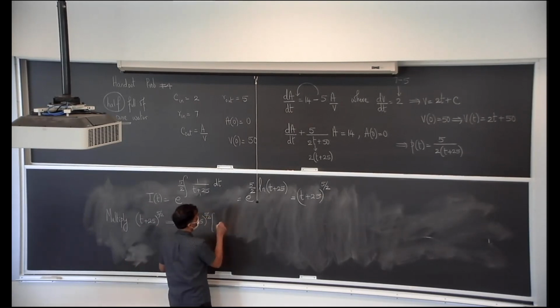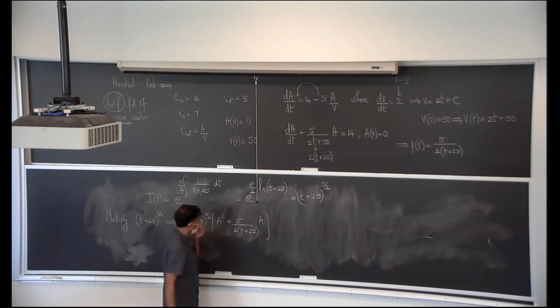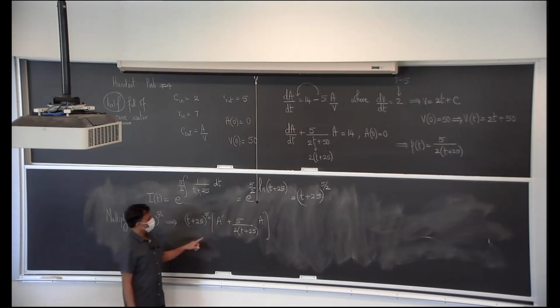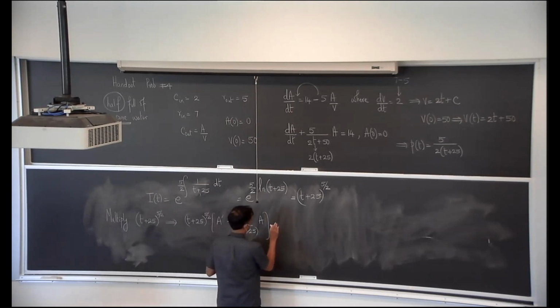Times the differential equation, which is A prime plus 5/2 times A, and by now you know why you're doing this. Okay, the left hand side is going to just collapse into a single term.